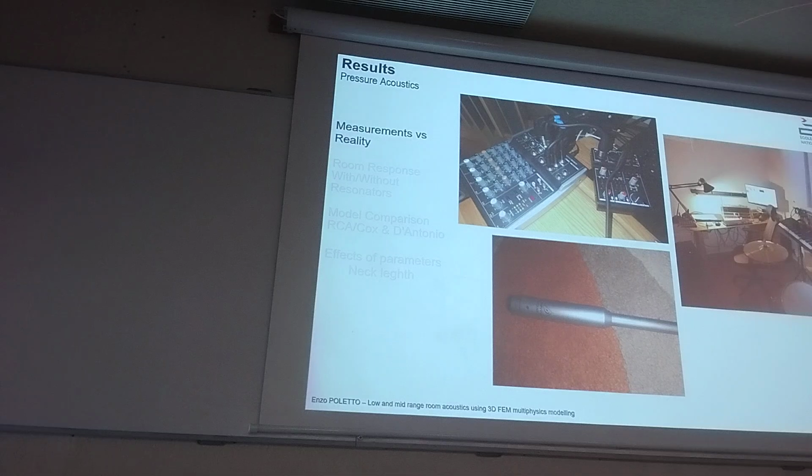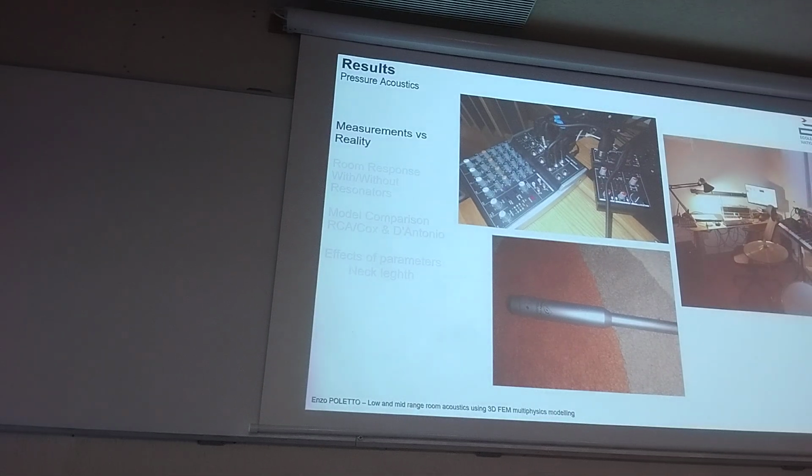For the measurements, I used a little mixer, a measurement microphone, which is entry level, and that's the room I modeled before. So at the end, you tell me if I modeled it well. Those are the absorbers I set up, and of course it misses the resonators.